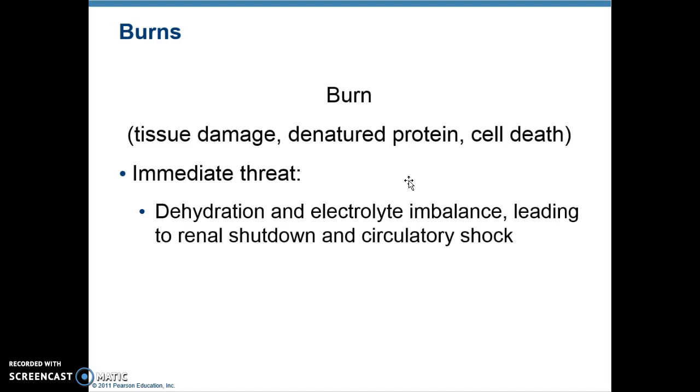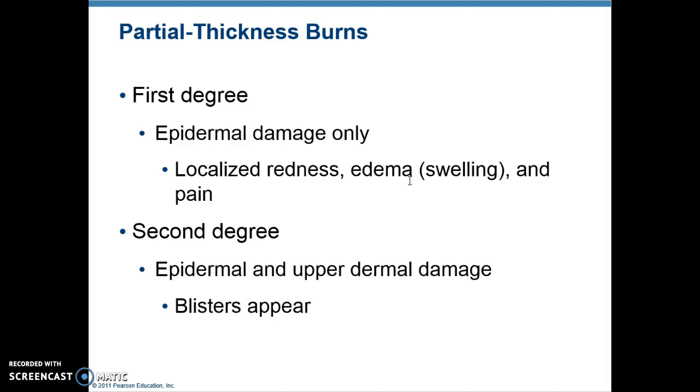Then we get into burns, the last thing we have to do. So basically you just want to know the difference between first degree, second degree, and third degree burns. We're not learning how to treat them. This isn't really a clinical course, but we should go over the basics at least. So first up, first degree burn means damage to the epidermis only. So you've got redness, maybe a little bit of swelling, and yes, of course, some pain.